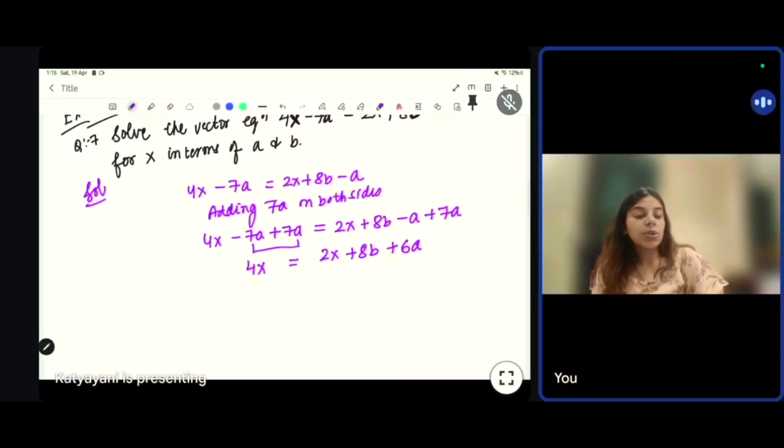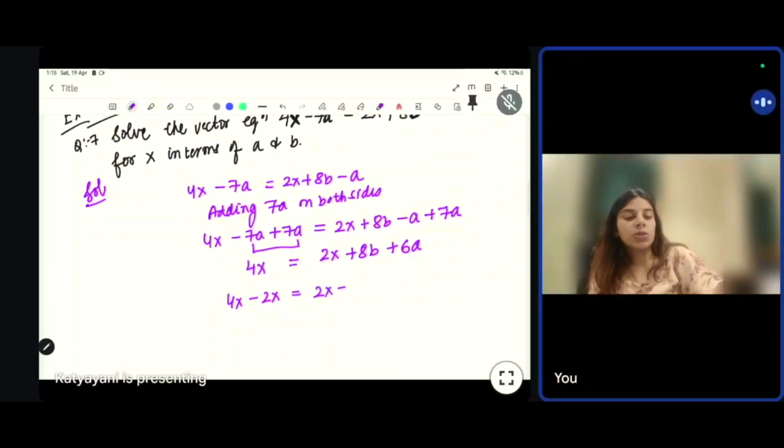And now I want this 2x to be on the LHS. So what I can do is I can subtract 2x from both the sides, so that I get 4x minus 2x, and then 2x minus 2x plus 8b plus 6a. So now I will get 2x on the LHS, and this becomes a 0 vector, and then 8b plus 6a, right?